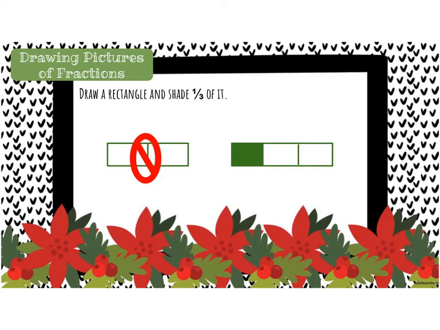It cannot be divided into 3 equal parts, which is important. It has to be 3 equal parts. I can't divide a rectangle into 3 parts that are like this: 1, 2, 3. They're unequal. That will not work. You've got to have 3 equal parts. And if I'm wanting to show one of those 3 equal parts, then I would shade just one of those rectangles. Does everybody understand how the one on the right is representing 1/3?